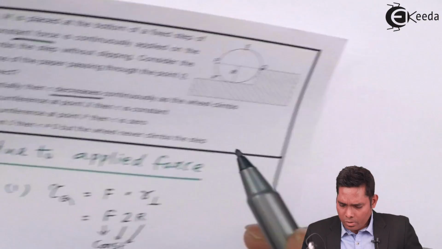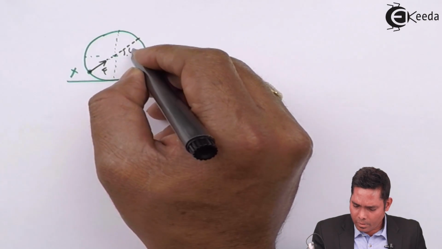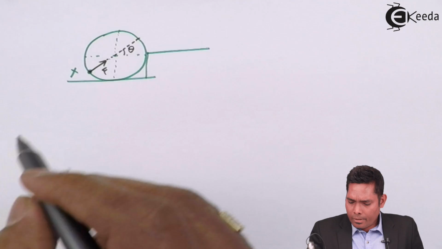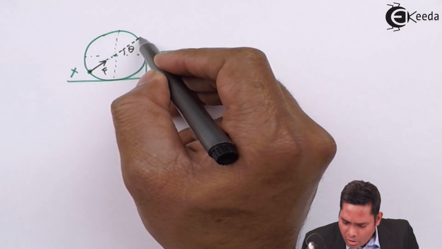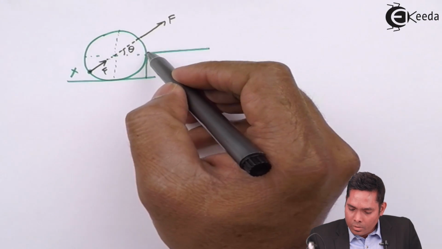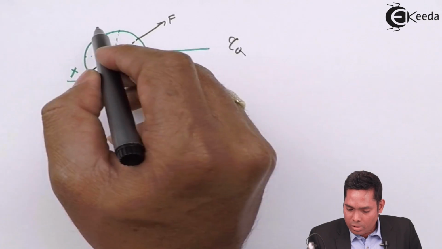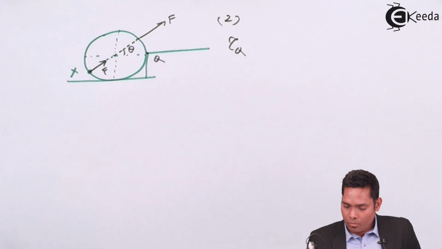Suppose it makes an angle theta here. In this direction is the force, and this is the point Q about which you want to find the torque in this situation. This is for option number 2.